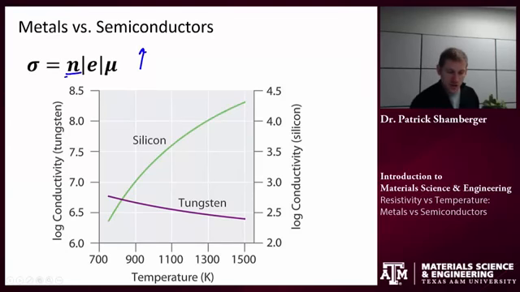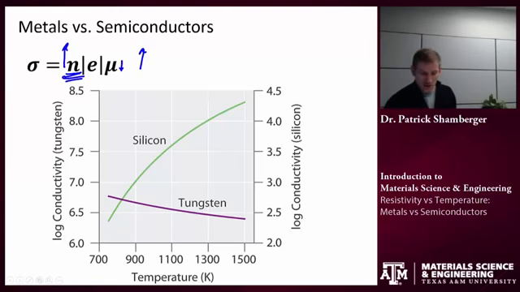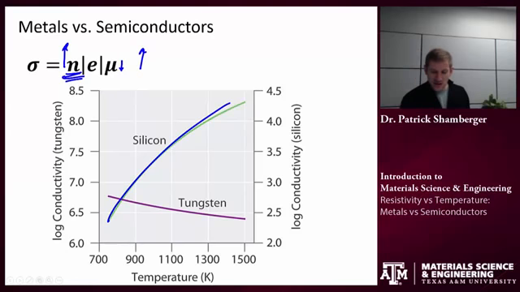And that's largely because the number of free carriers increases. Yes, the mobility will decrease a little bit, but not enough to outweigh this increase in the number of free carriers. So that's the silicon case. In tungsten, a metal, yes, I will have a few more carriers, but the decrease in mobility is going to be a lot more significant.